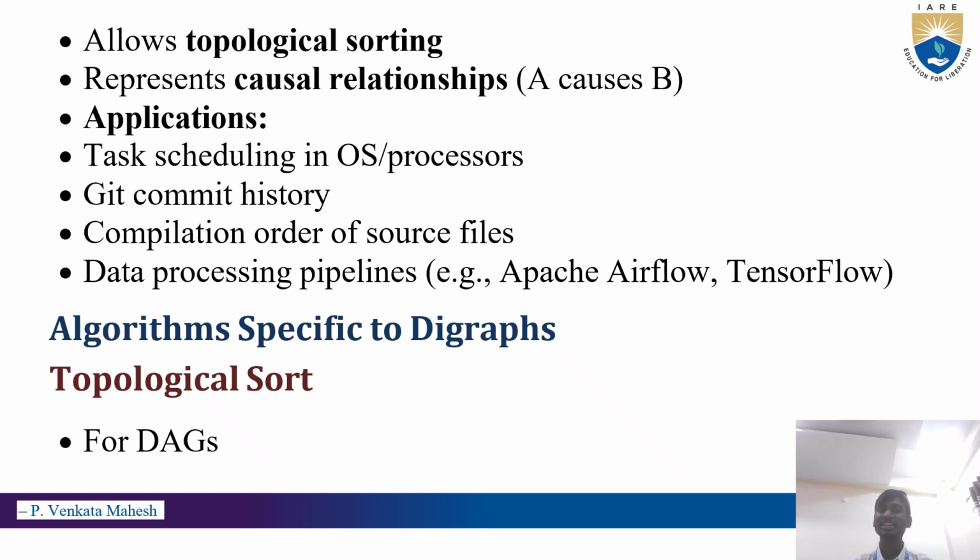Applications: they are used in Git commit history, task scheduling in operating systems or processors, compilation order of source files, and data processing pipelines, for example TensorFlow and Apache Airflow.